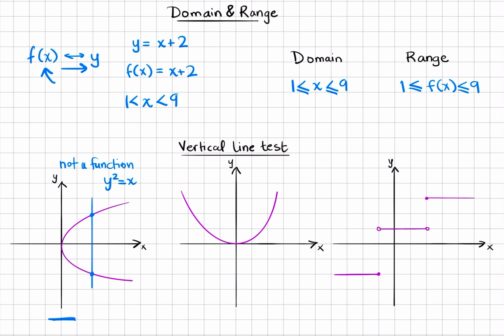Now, why does this work? Why am I concluding that as long as it passes at 2 points on the graph, then it's not a function? Well, if you remember from the previous video, we said that a function is a relation between two objects that is one to one. So for every input value, I only have one output value.